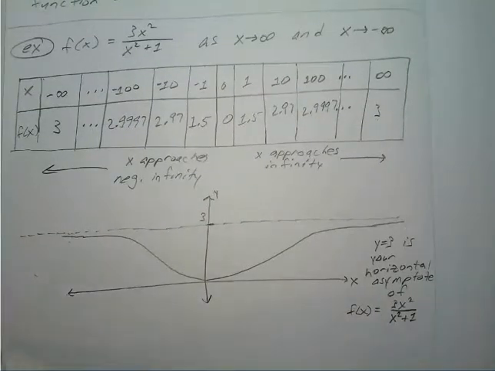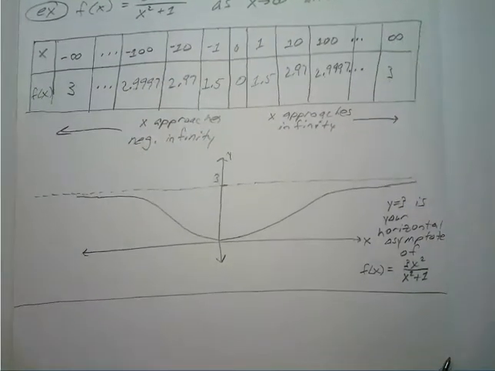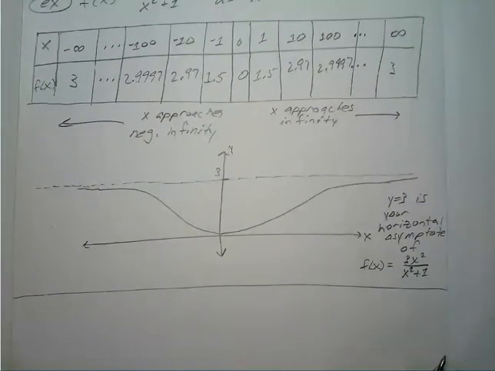Which brings us to our definition of a horizontal asymptote.